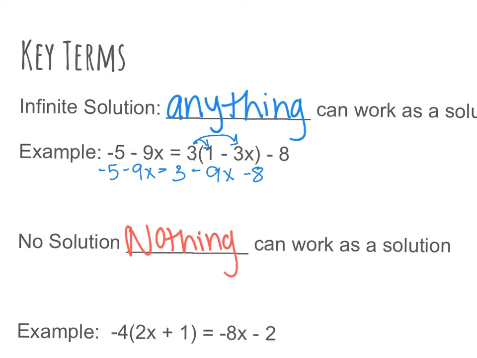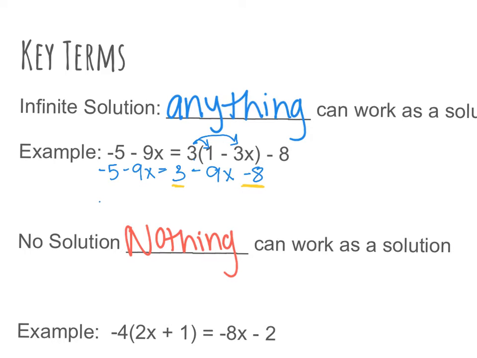Now we're going to combine like terms. Remember, that's on the same side of the equal sign. So our like terms here, we have 3 and minus 8. That's going to give us minus 5.